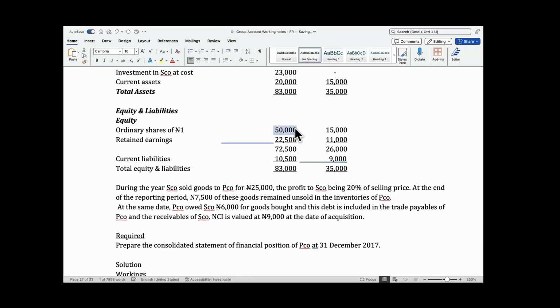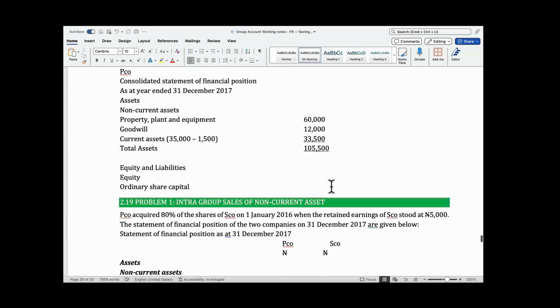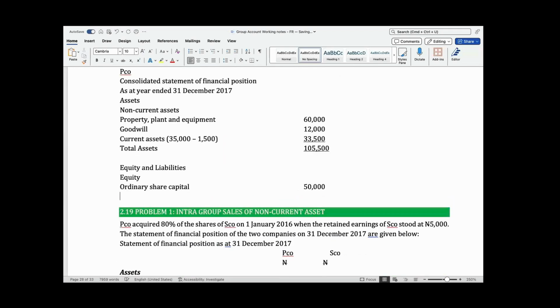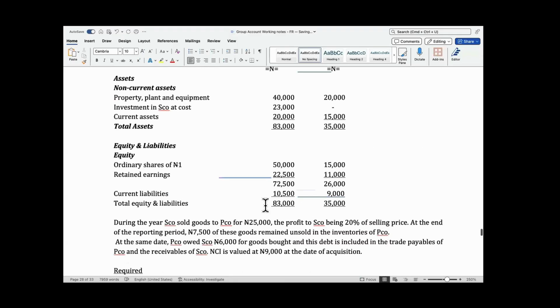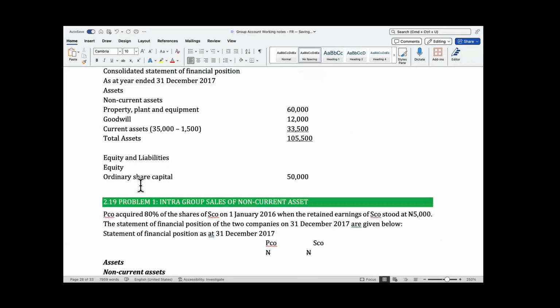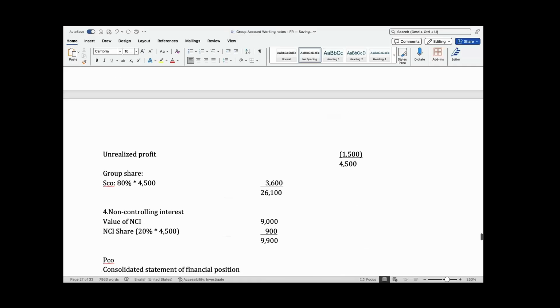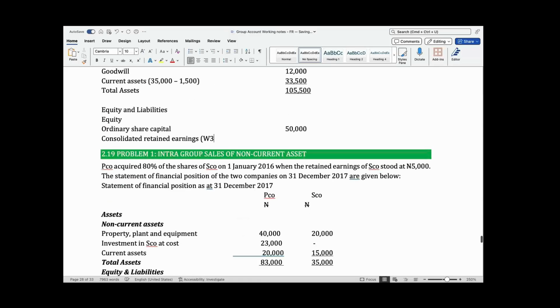That's that of the parent, which is 50,000. What's the next item? Retained earnings. We already did the workings for that. So I have my consolidated retained earnings, which is workings 3, which is 26.1.